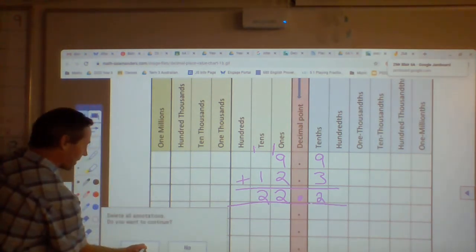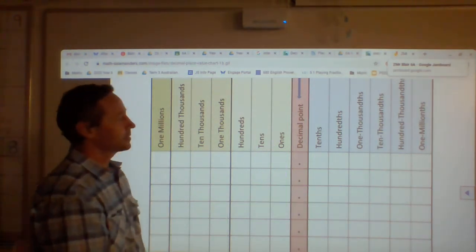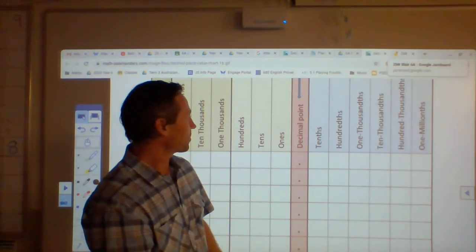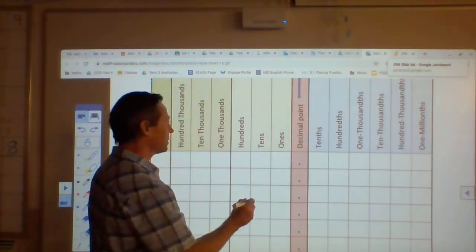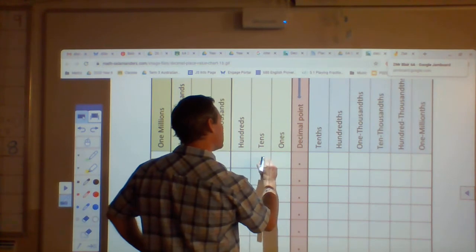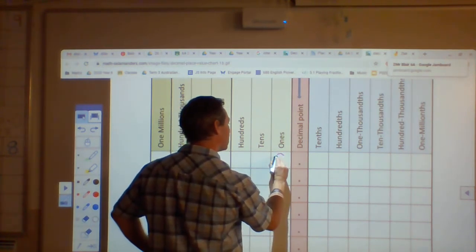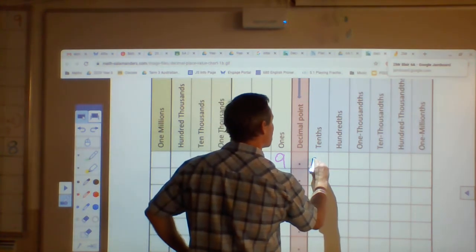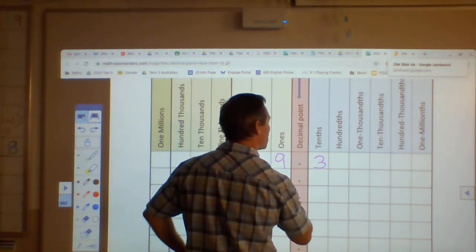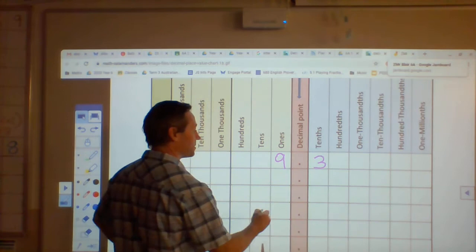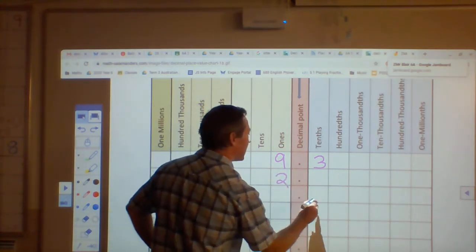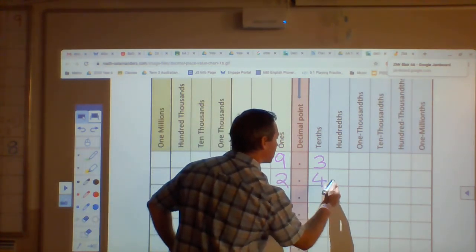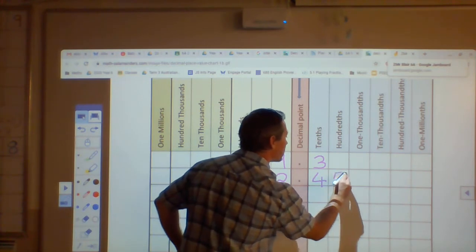One more. This is the one that might trip up a couple of people. If I happen to have 9 and 3 tenths plus 2 and 45 hundredths.